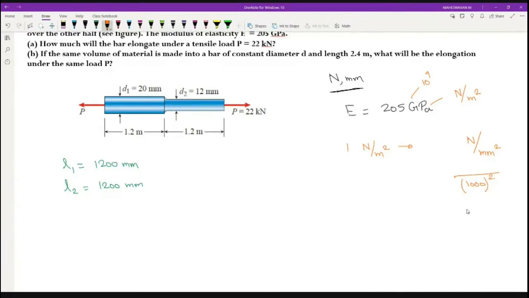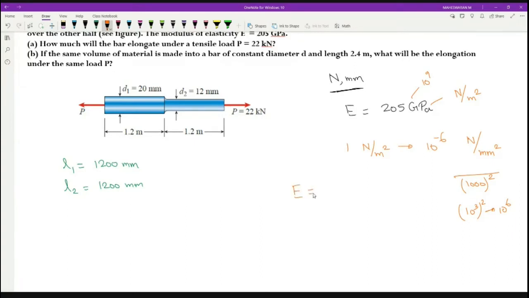So 1000 square is the 10 power 3 whole square, which is 10 power 6. Since it is in the denominator, when I am writing here, it is to be 10 power minus 6. So converting 1 Newton per meter square into Newton per mm square, I have to multiply with 10 power minus 6.